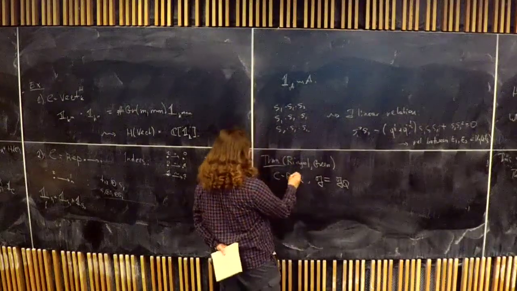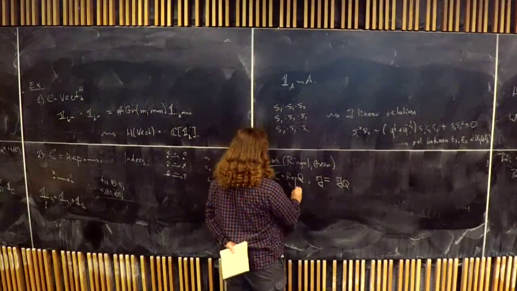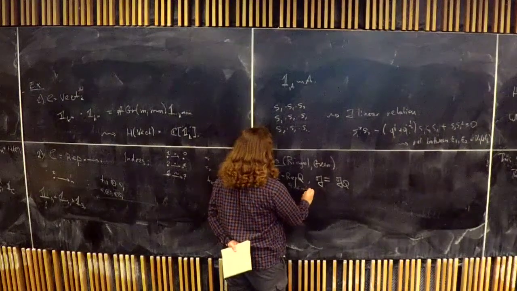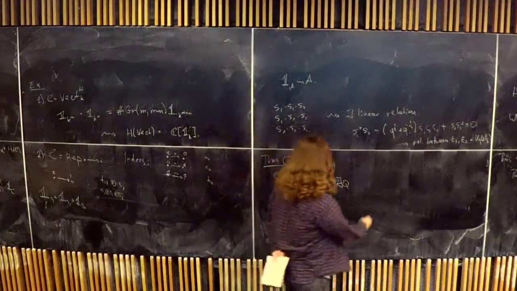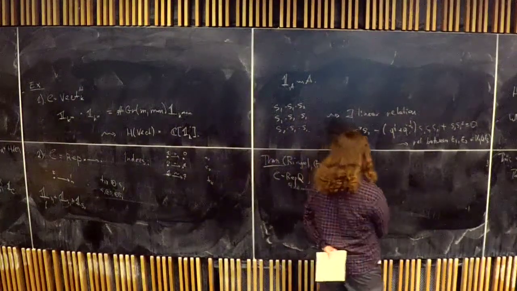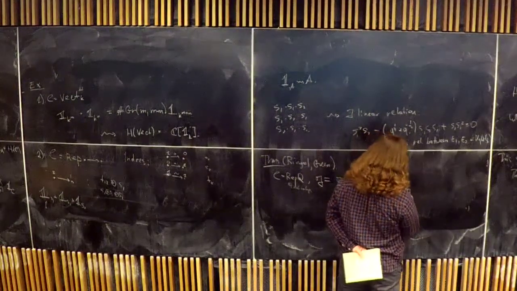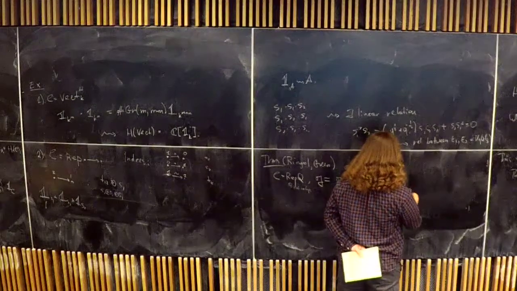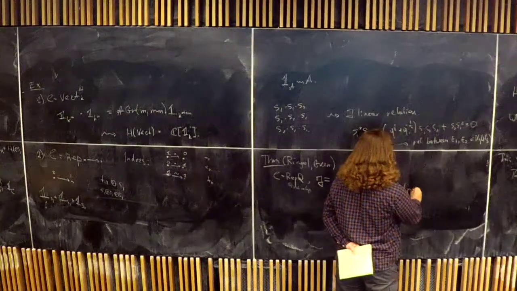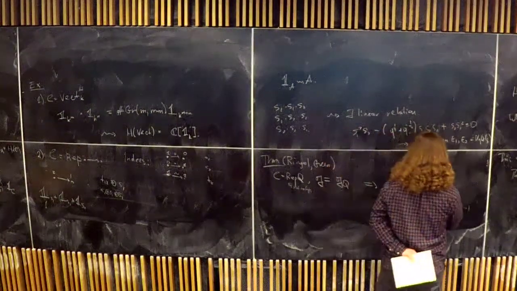Let's say no loops. Q has no loops. Then you will have an embedding of the positive part of this Kontsevich algebra.